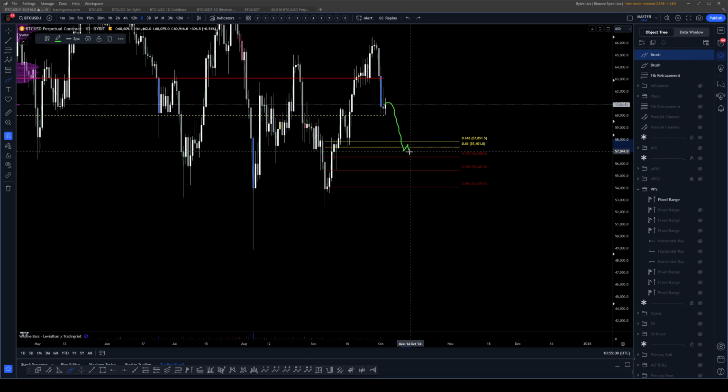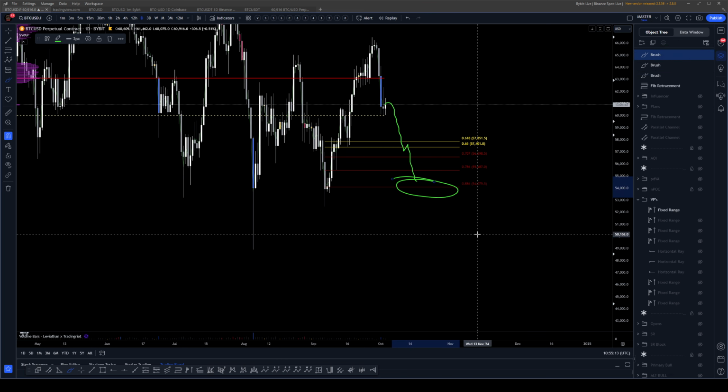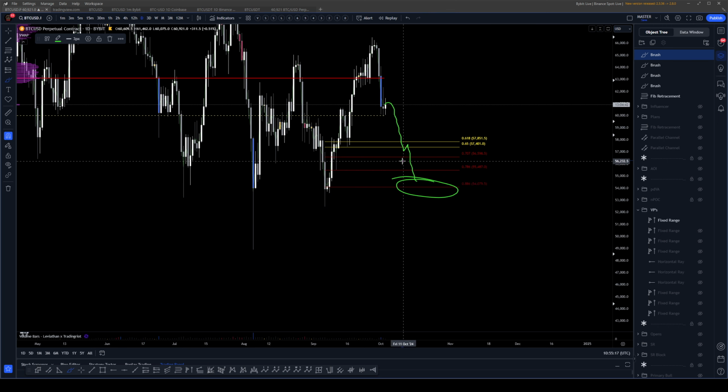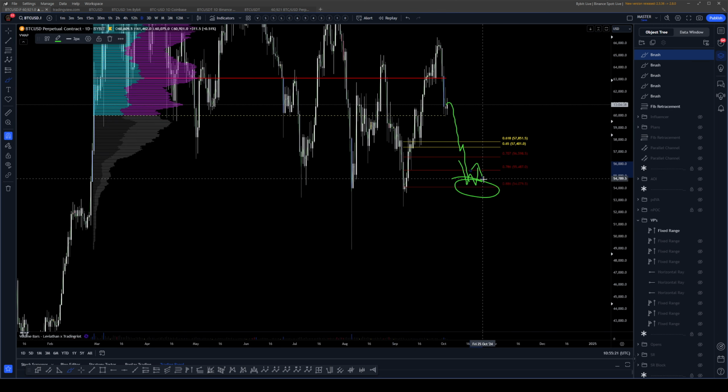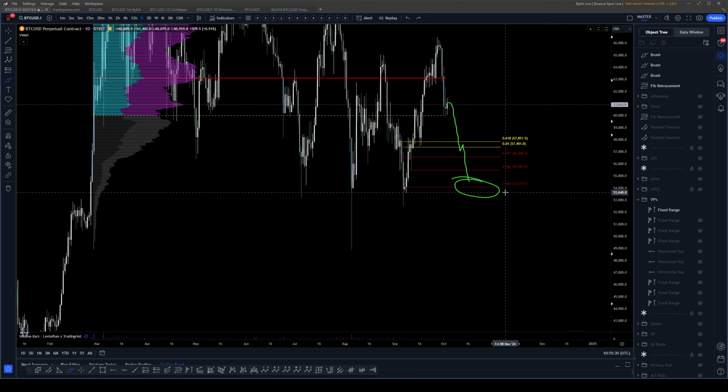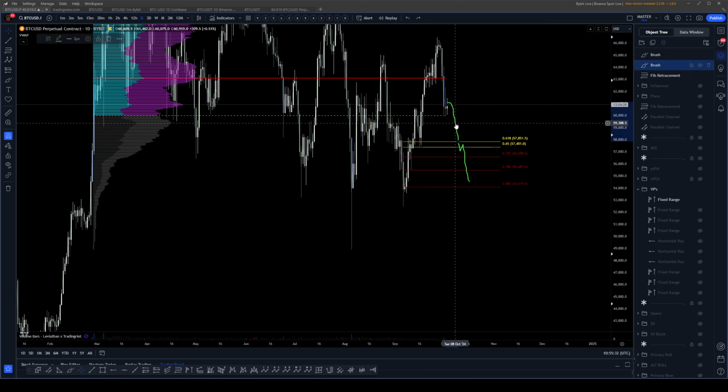But there's still one last hope, and it would be for me down here around this 886 region. So if this 886 region holds down here, and we start getting some sort of reaction to the upside, and then we start breaking some higher time frame market structure, something like an hour plus, then yeah, I'll have a long trigger. If it doesn't, I'll sit back and wait patiently until I do get something.